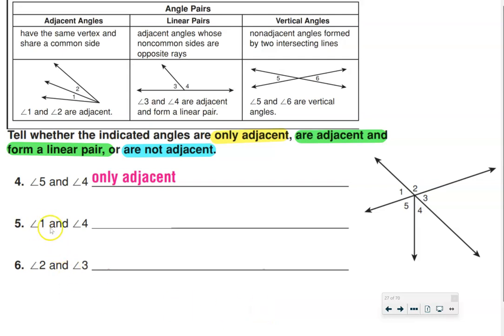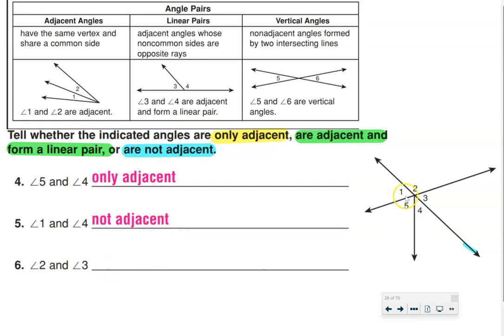Take a look at angle 1 and angle 4. Angle 1 right here and angle 4 over here. Okay, those are not adjacent. They're not close to each other. Not adjacent, not a linear pair, just not adjacent.